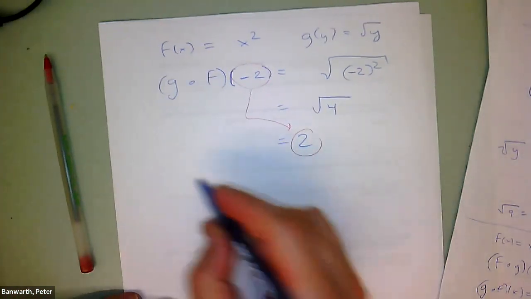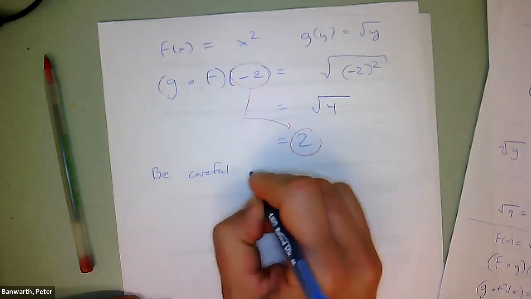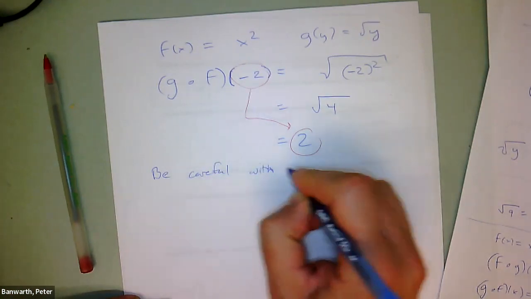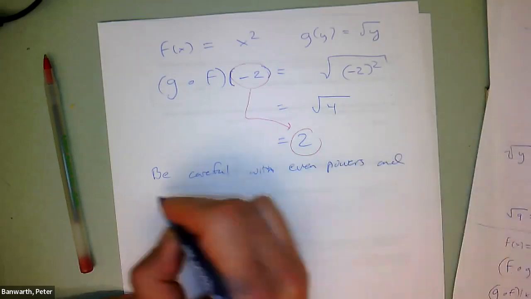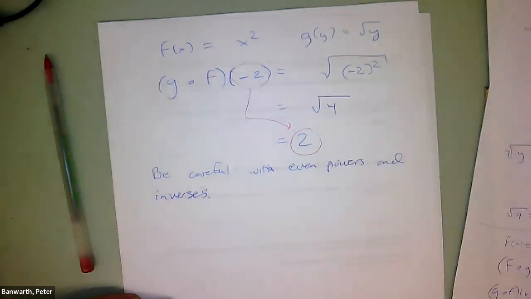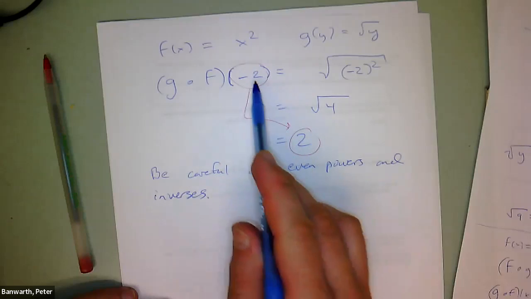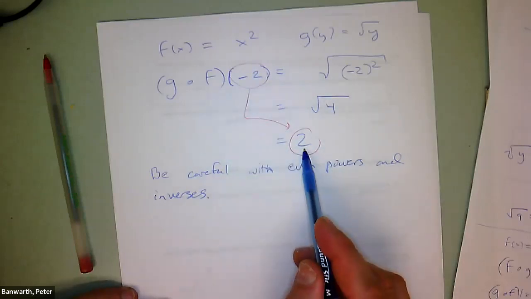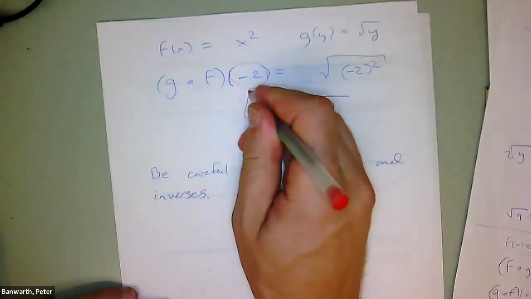So the lesson there is be careful with even powers and inverses. Because an even power can take a negative number and make it positive, and that means you don't get back to where you started.